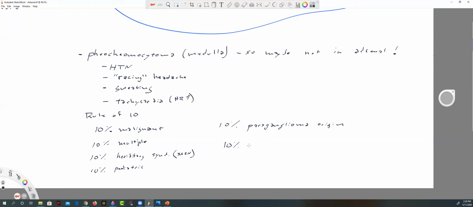And 10% are non-functioning, which is kind of weird. I always thought the hallmark of a pheochromocytoma is that it is functioning and that it causes hypertension, racing headaches, sweating, tachycardia.